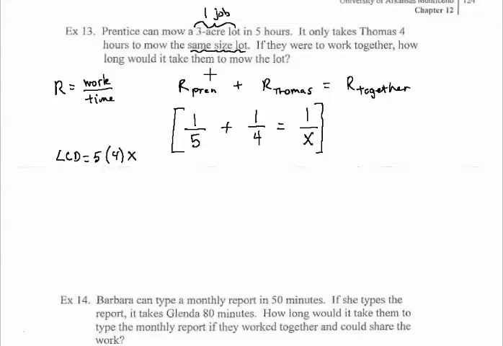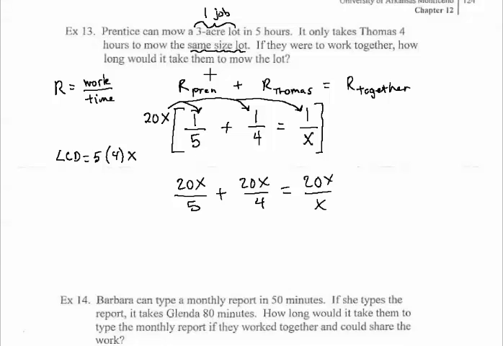We use this lowest common denominator by multiplying every term in the equation by 20x, the LCD. So our equation ends up looking like this: 20x over 5 plus 20x over 4 equals 20x over x.